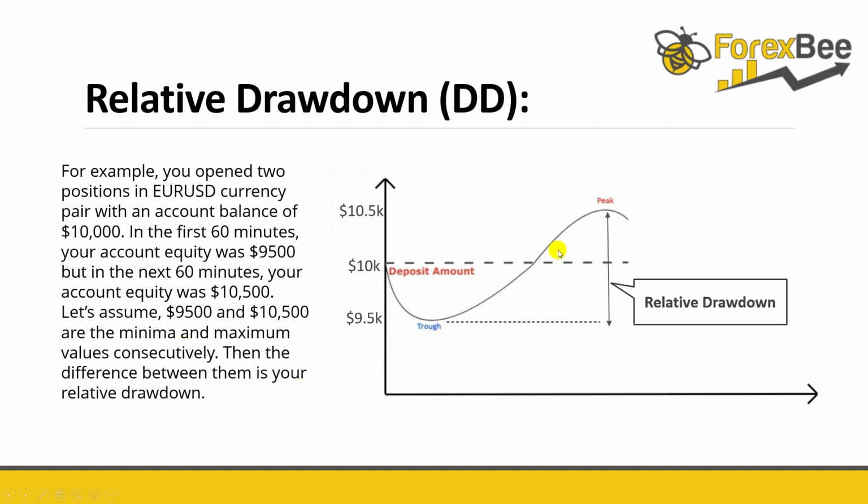Keep in mind that the position is still open and this relative drawdown is changing all the time, whenever there is a new peak or new trough in the account. You should always keep that in mind, because you might confuse the relative drawdown with the maximum drawdown. These are both different terms.